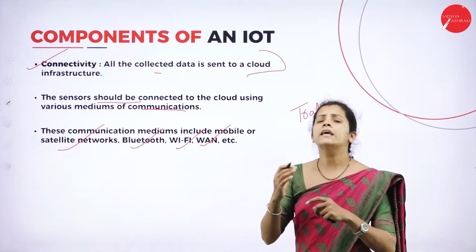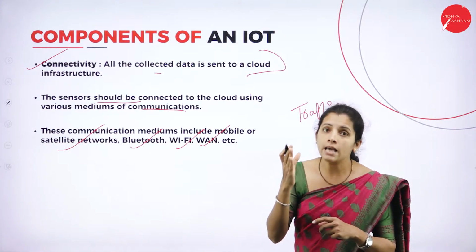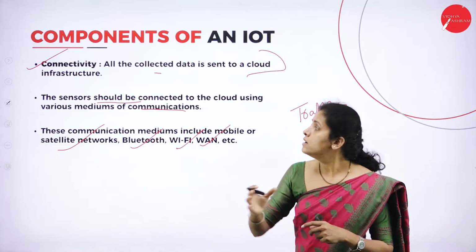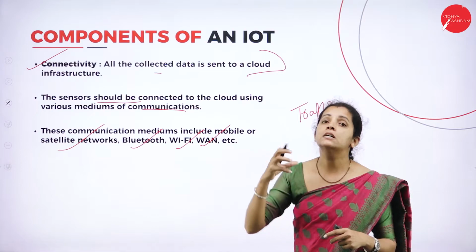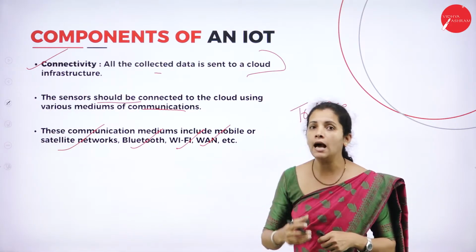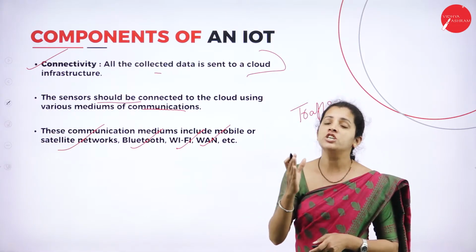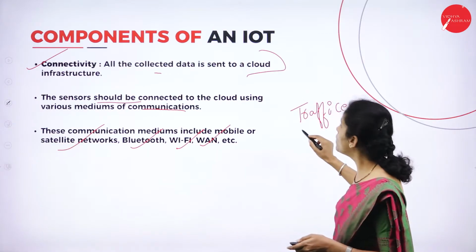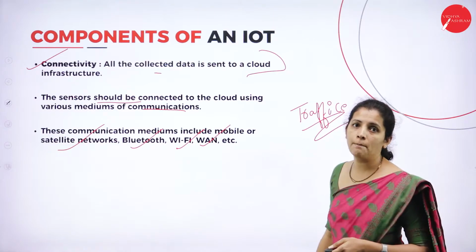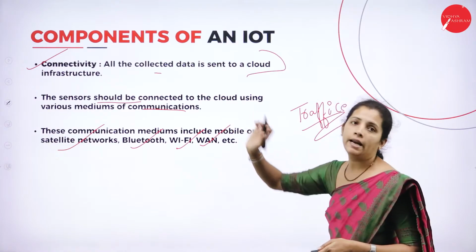If an accident happens, then within a fraction of a second, the information is sent to the hospital as well as the police station because of IoT. So this is also one of the best examples of connectivity.